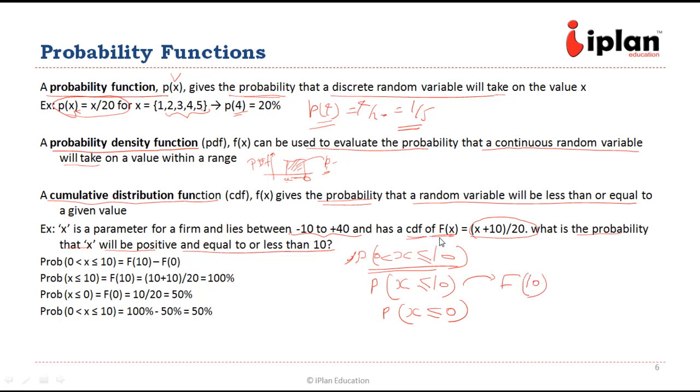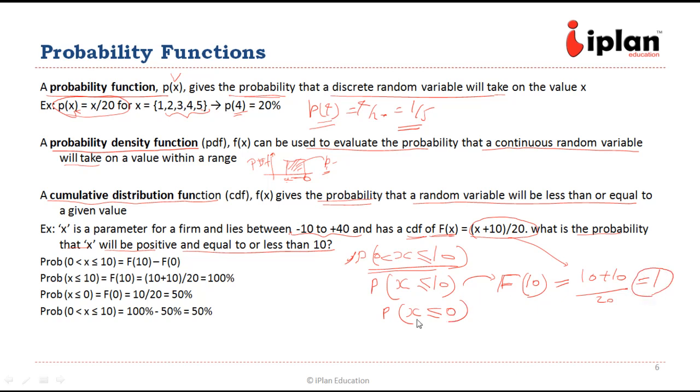From the definition of the cumulative distribution function, we know F(10) indicates the probability of the random variable holding a value less than or equal to 10. So this probability can be calculated from this formula, which will be (10 plus 10) divided by 20. It will be equal to 1. So that means the probability that x will hold a value less than or equal to 10 is 1.